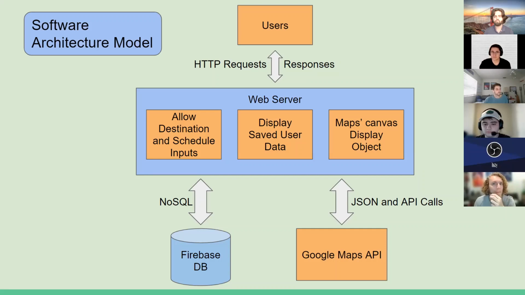We have a user account software in which we display the saved user data, and all this data is displayed on a Maps canvas display object. And to get all this information, our backend uses Firebase DB as a database, and we make API calls to the Google Maps API to receive JSON, in which we can display all the paths and points on the Maps canvas display object.